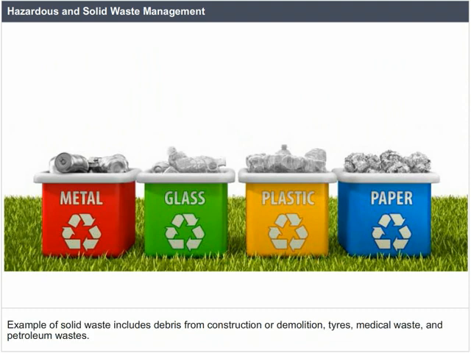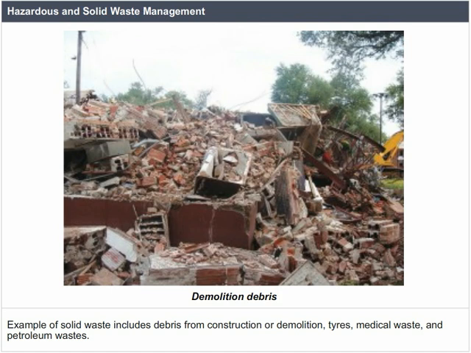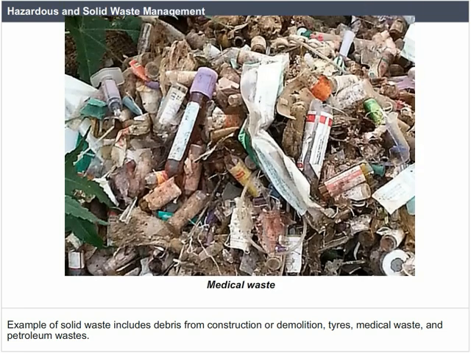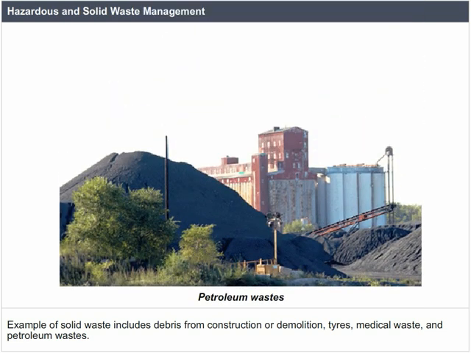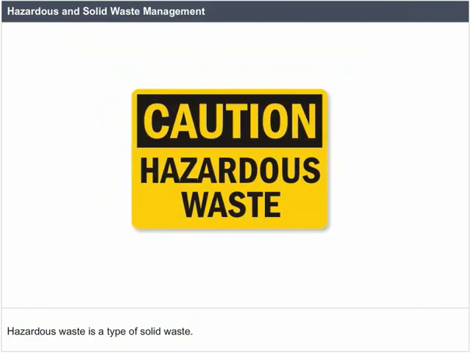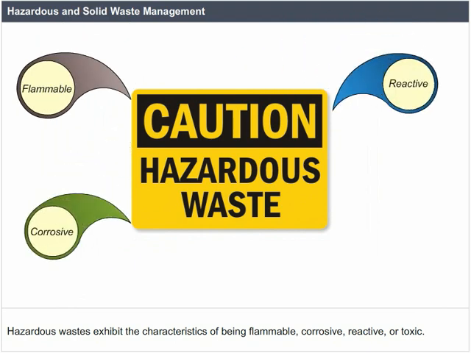Examples of solid waste include debris from construction or demolition, tires, medical waste, and petroleum waste. Hazardous waste. Hazardous waste is a type of solid waste. Hazardous waste exhibits the characteristics of being flammable, corrosive, reactive, or toxic.